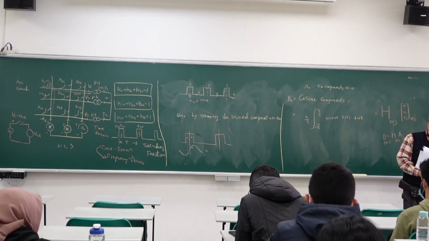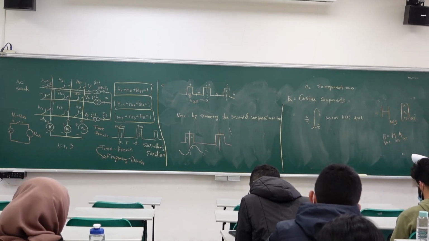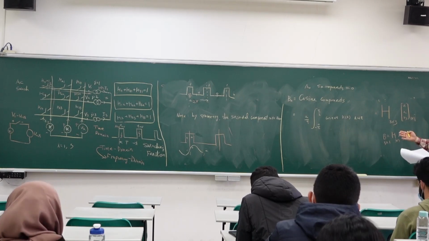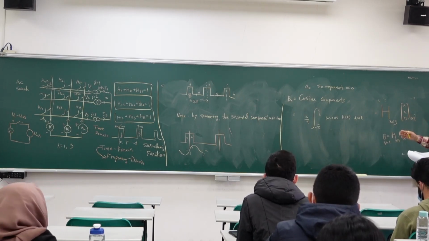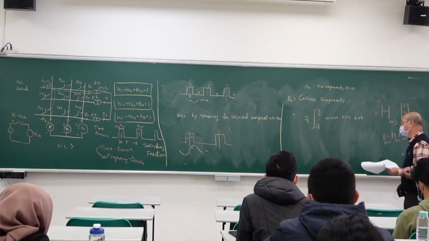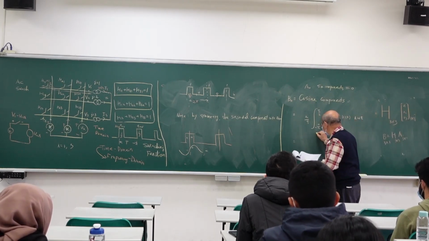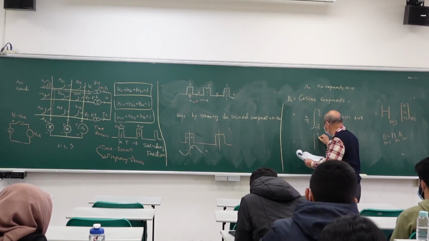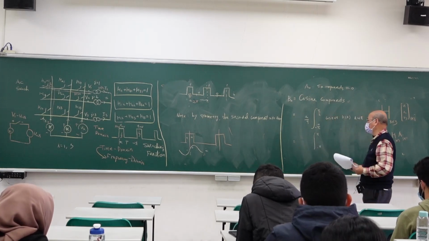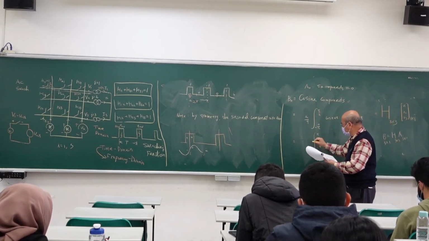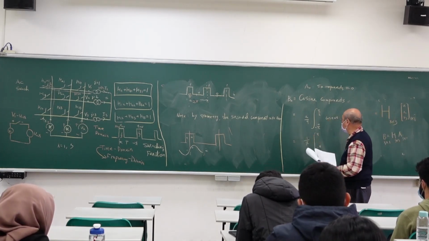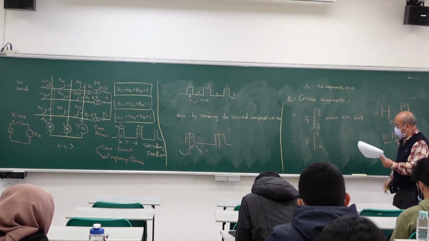This is the Fourier series, right? So you learn what the Fourier series is. You learn the cosine component should be this way. So what is T? T is 2 pi. So it's minus pi to pi. How about this one? This is 1 divided by pi. How about this one?